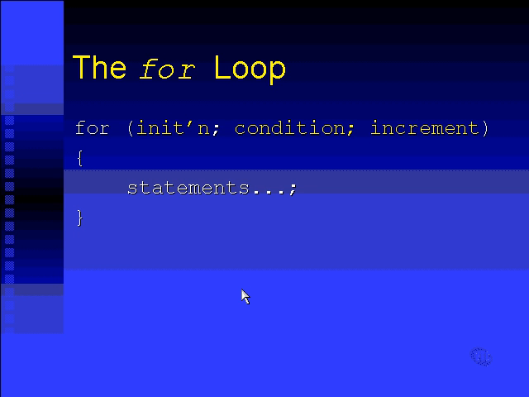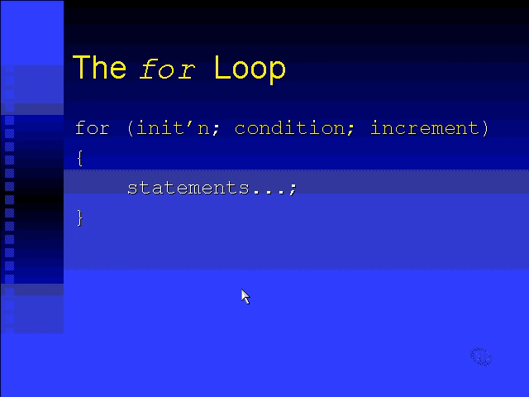Once the statements have been completed, the next thing we do is we go to the increment area and we perform that statement. It's some kind of statement. You'll see this in a moment when we look at an example. We perform the increment statement and then we check the condition again. So again, at that point we can decide whether to go into the loop or we can decide to drop out of the loop. So we could go into the loop, then back to the increment, back to the condition.